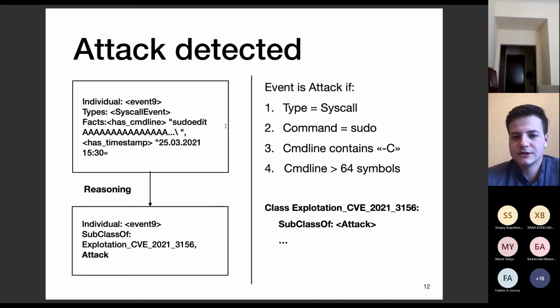After reasoning, all individuals which match this definition will be classified as the attack class. So all individuals of the attack class are detected attacks. Of course, it's a simple example, and the complexity of the defining signs here is limited only by OWL expressivity.